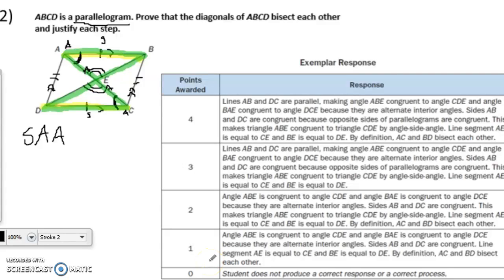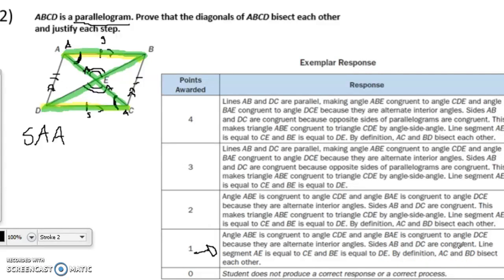So here's what stands out in my mind. Everything that they have written is correct, but they only get 1 point for that. And let's think about the reason why. They're not giving justifications or details. It says sides AB and DC are congruent, but they never tell us why.